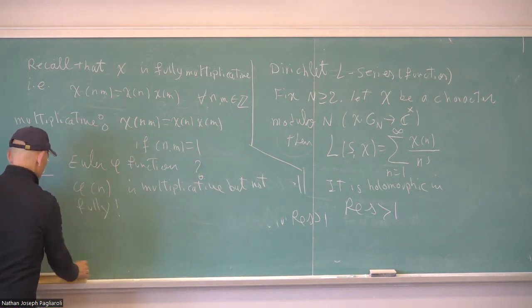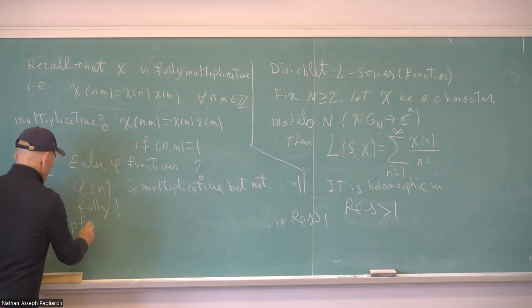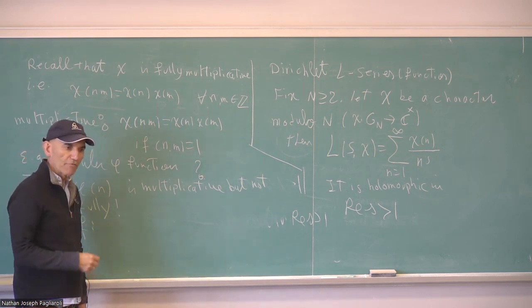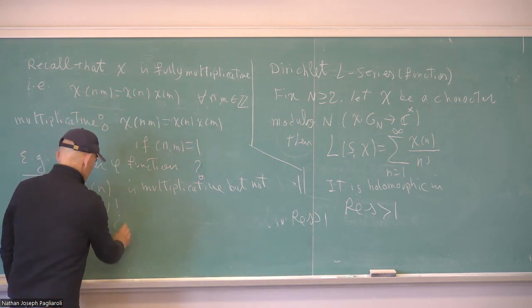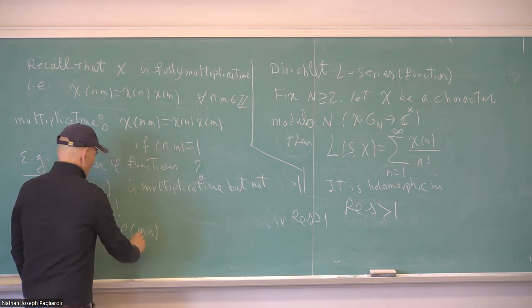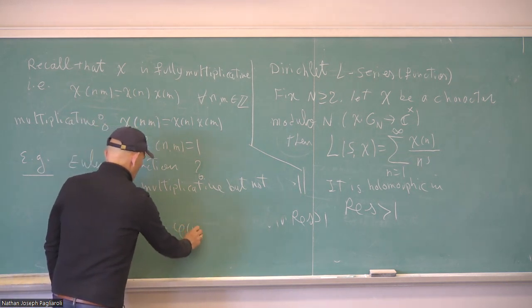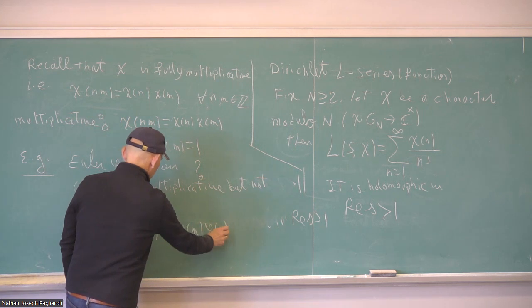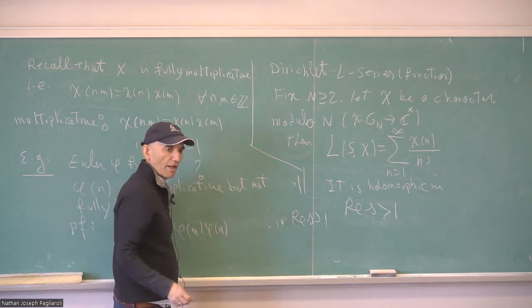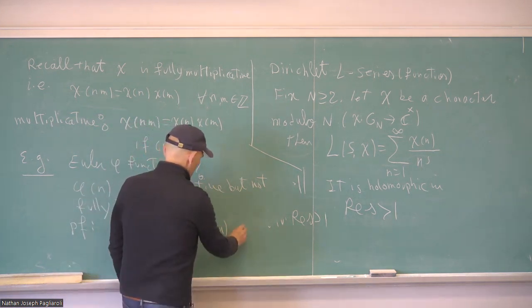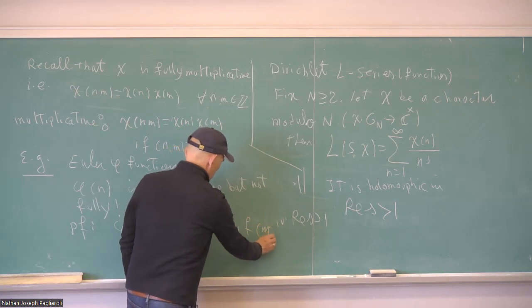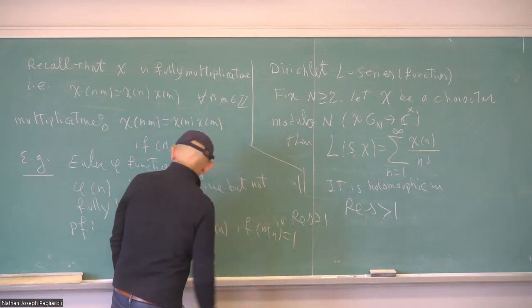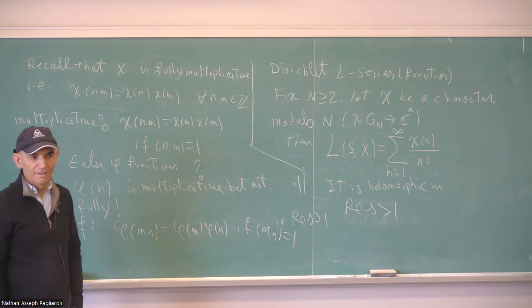So proof. What do we want to show? We want to show that phi of mn is equal to phi of m times phi of n, if m and n are relatively prime. How do you prove that?